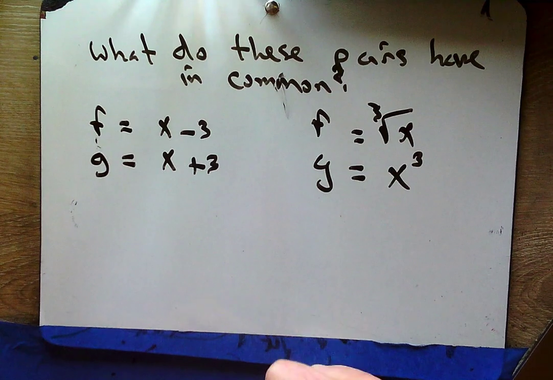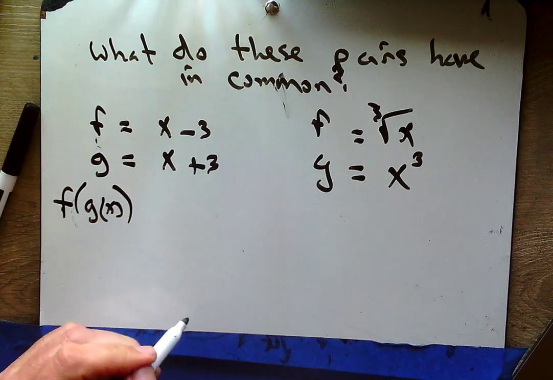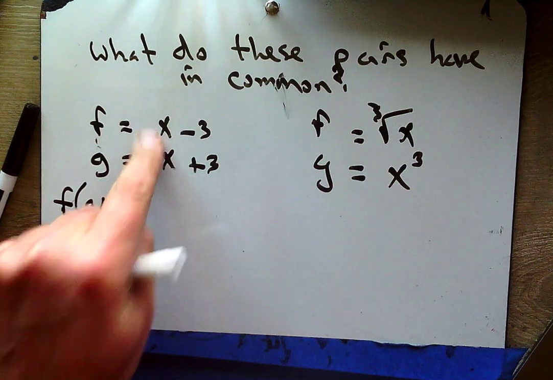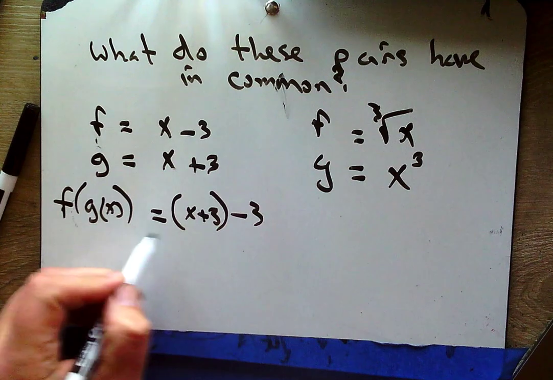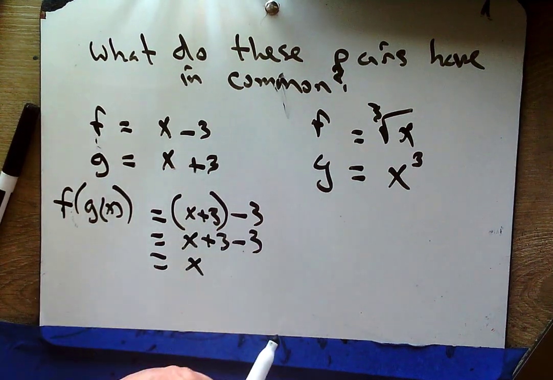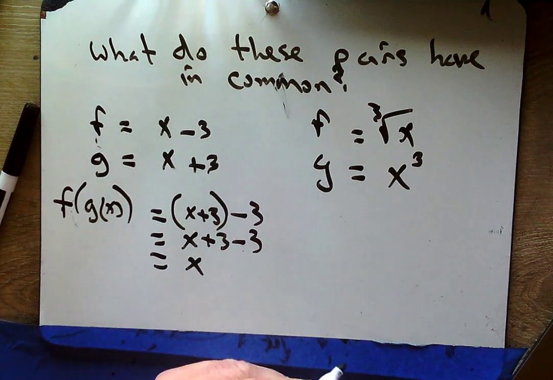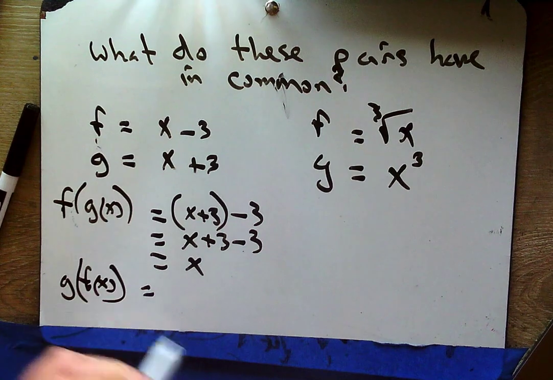Well, I wonder what happens if I do f of g of x. So I'm going to take g of x and plunk it in there. I'm going to have x plus 3 minus 3. X plus 3 minus 3 is x. Hey, we saw that recently, didn't we? I wonder what g of f of x will yield.